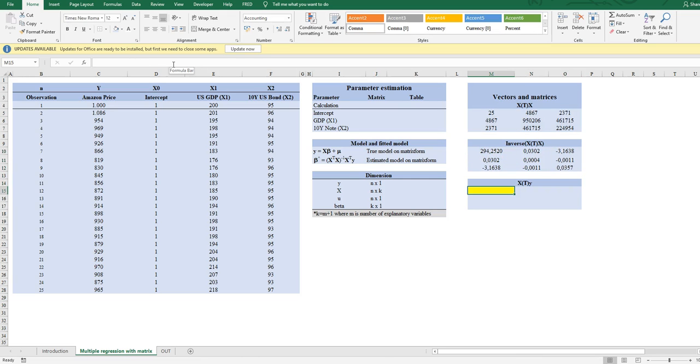So on the last one, the right hand side, X transpose times Y, it's a 3 times 25 times 25 times 3. It's also a 3 times 3. No, it's not. Sorry, it's a 3 times 1. 3 times 25 times 25 times 1 is 3 times 1.